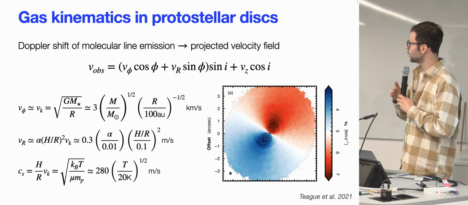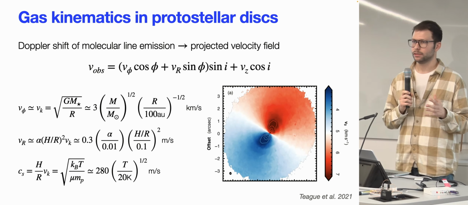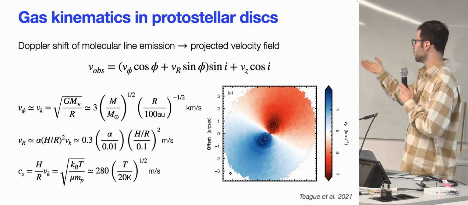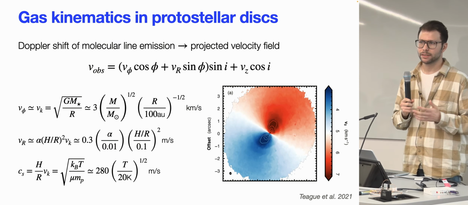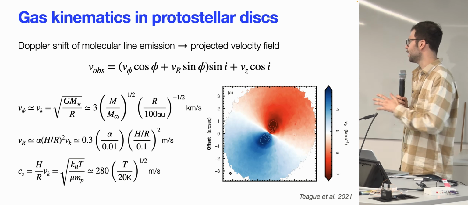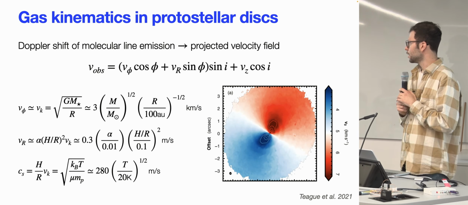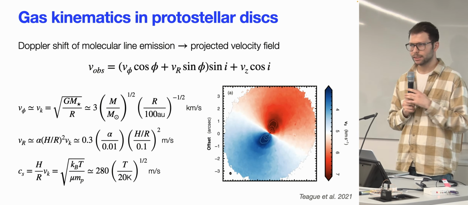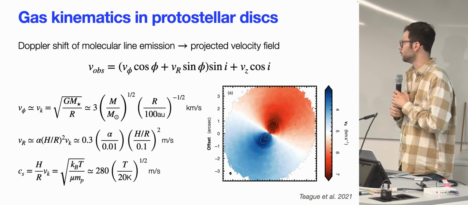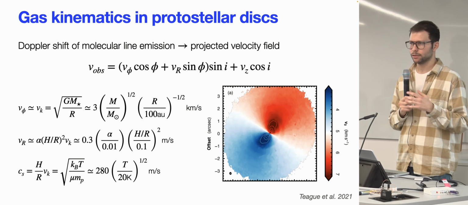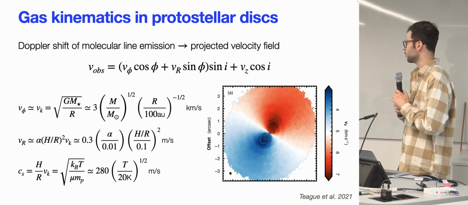And in particular, just to give you an idea of the order of magnitude of the velocities we're talking about here: the azimuthal velocity of a protostellar disk at zeroth order is just a Keplerian velocity, and its magnitude is of the order of a kilometer per second. Then we can have radial velocities, and here I'm just showing you the accretion one, the one driven by alpha viscosity.